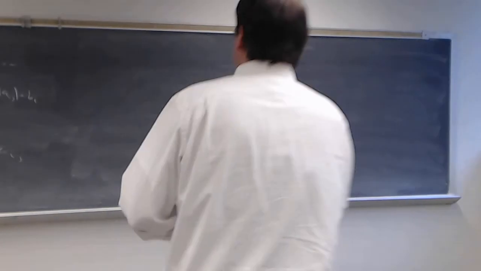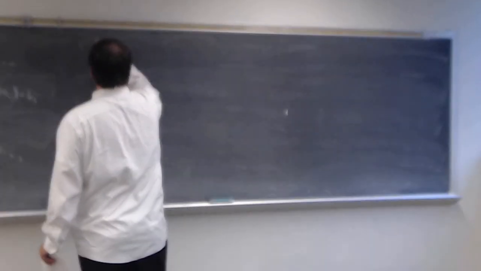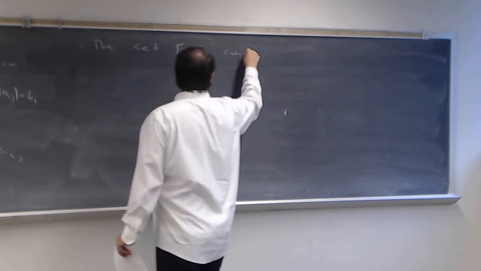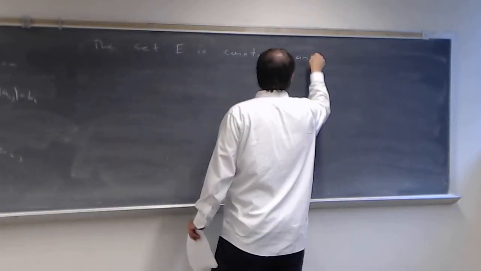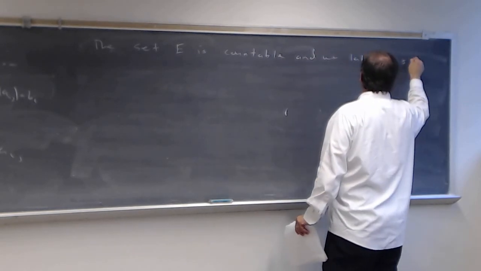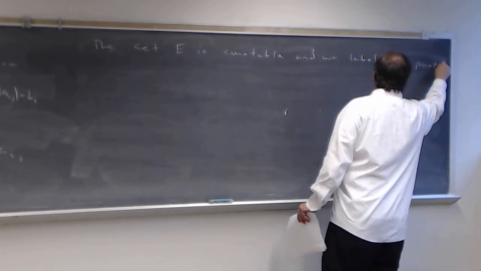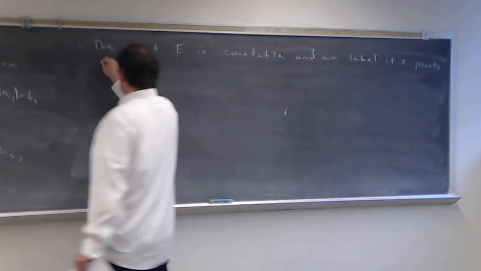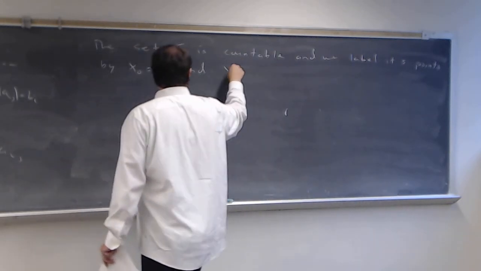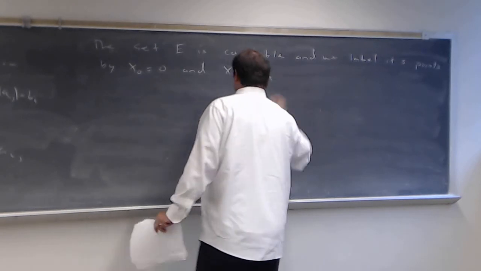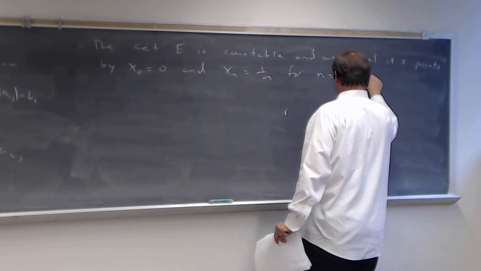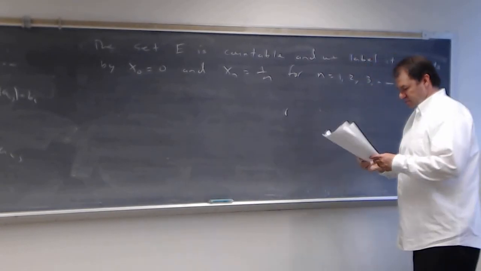Okay, this set E is countable, and we will label its points by x of 0 equals 0 and x of n equals 1 over n, for n equals 1 to infinity.